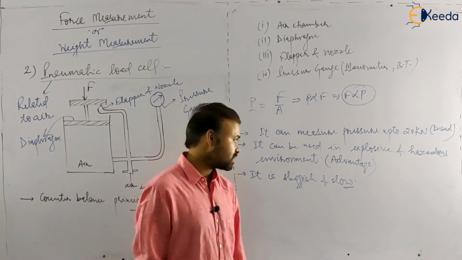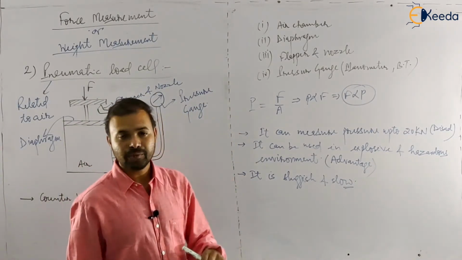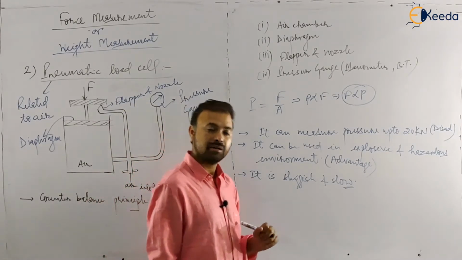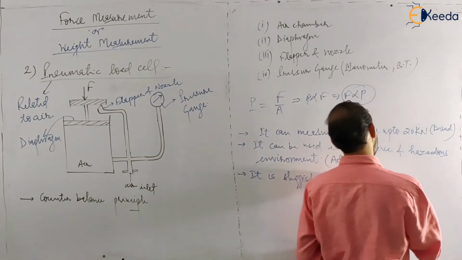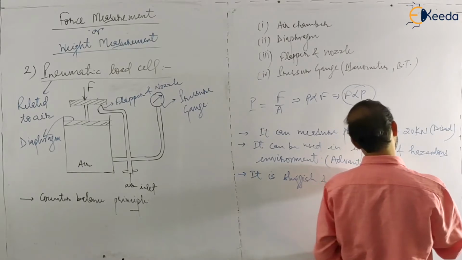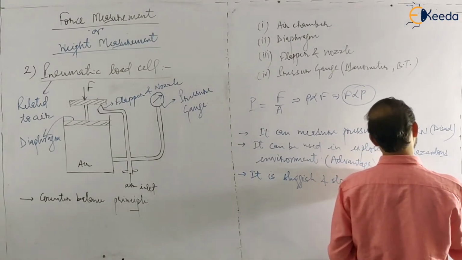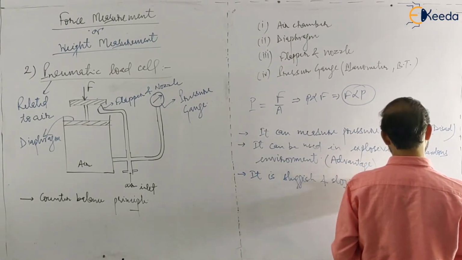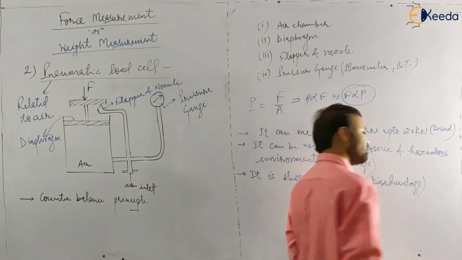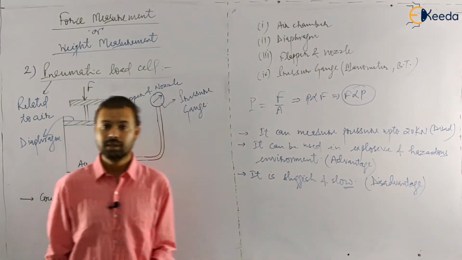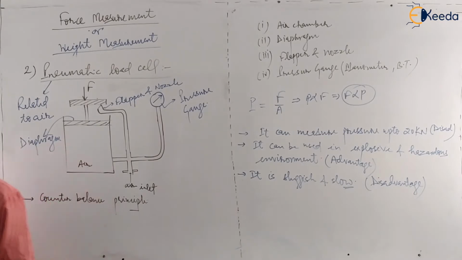The hydraulic load cell is fast, but the pneumatic type of load cell is sluggish and slow. This is a disadvantage of the pneumatic type of load cell, right? So this is your pneumatic type of load cell.